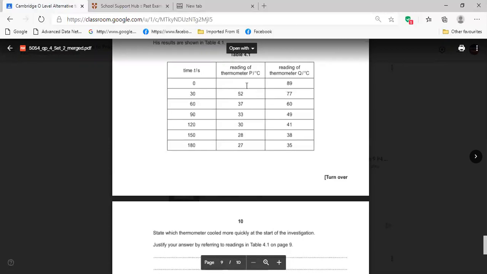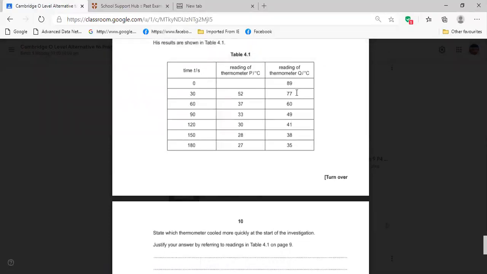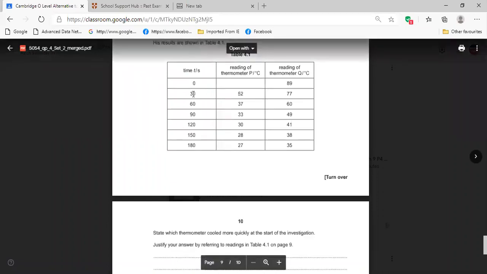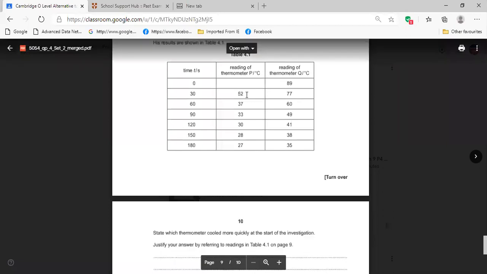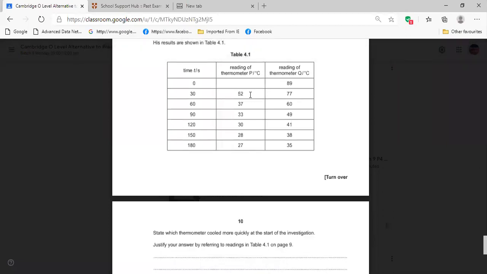Okay, then what is the temperature difference here? 89 minus 77, 12. So here in 30 seconds, the temperature dropped by 34, and here only 12.